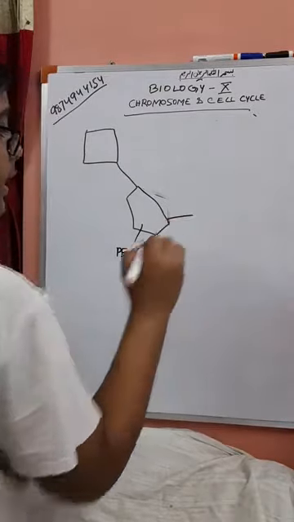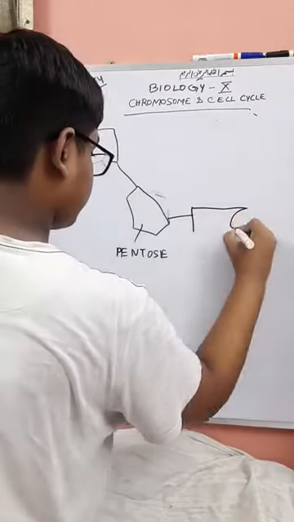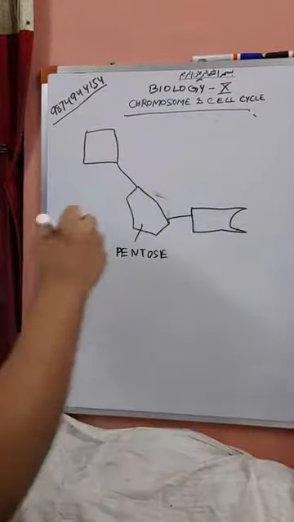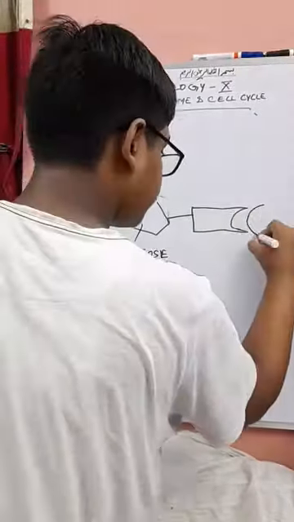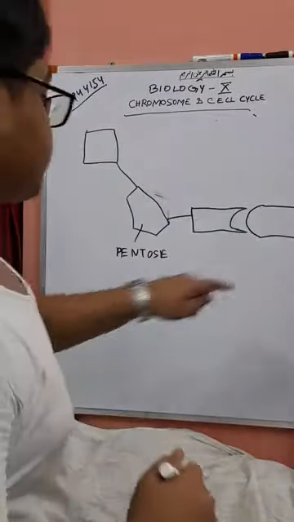Now this sugar will be combined with nitrogenous bases, and the same thing will be on the other half. Some nitrogenous bases will have a shape like this, others will have a shape like this.